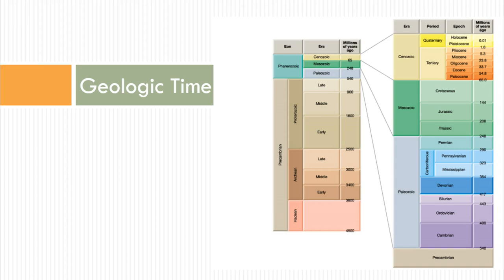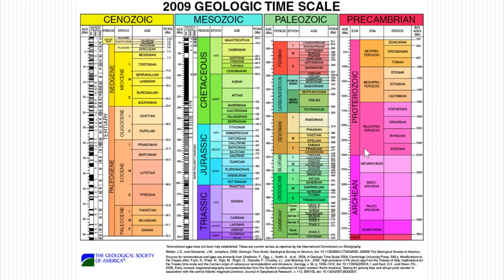When we look at time, this is just a little overview, and I actually like this. You do not have to memorize any of this, but I like it because it gives you all of the eons, which are the biggest divisions, and then the eras and the periods.